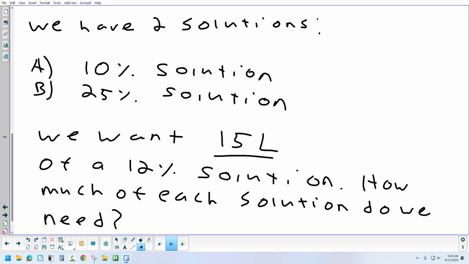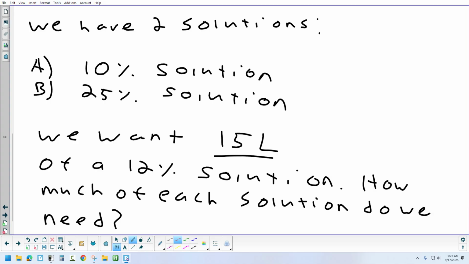First thing we need to do is pick some variables. What do you think would be a good letter to use to represent the amount of liters that we're going to use for the 10% solution? L, for liters?